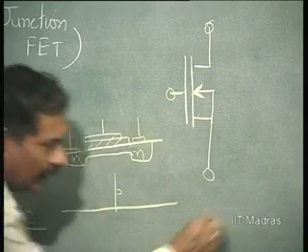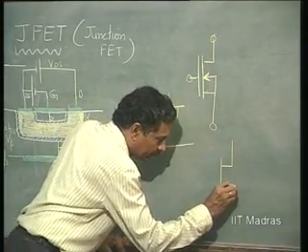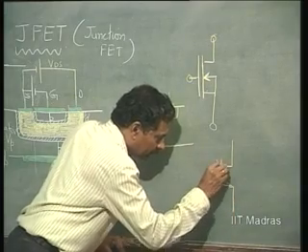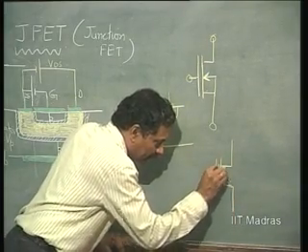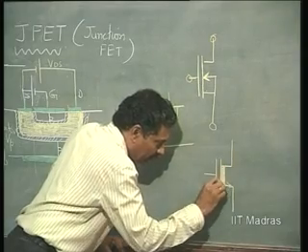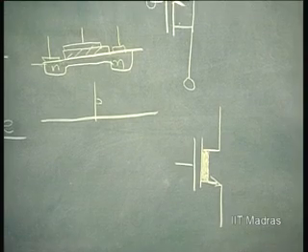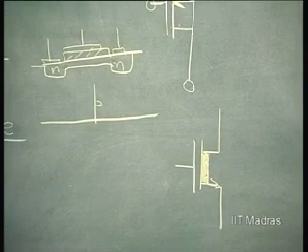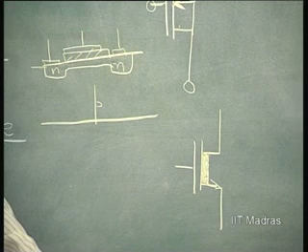So, like the other case, the symbol, but then you indicate saying that this is already having a diffused channel. This shaded portion indicates a diffuse channel already existing.